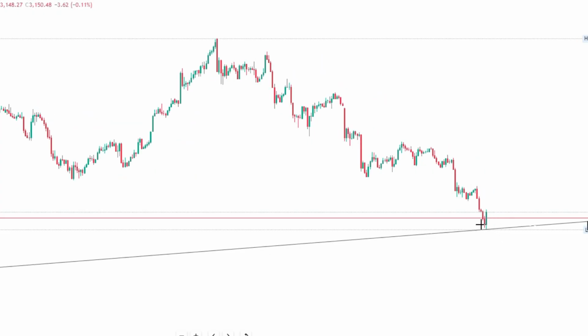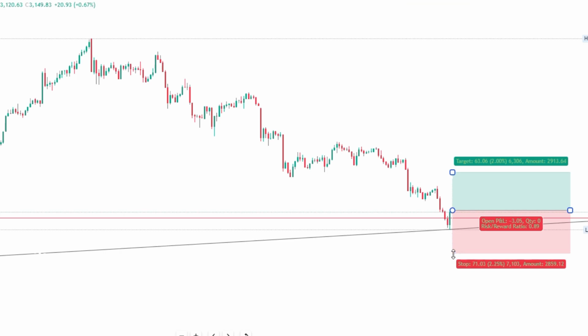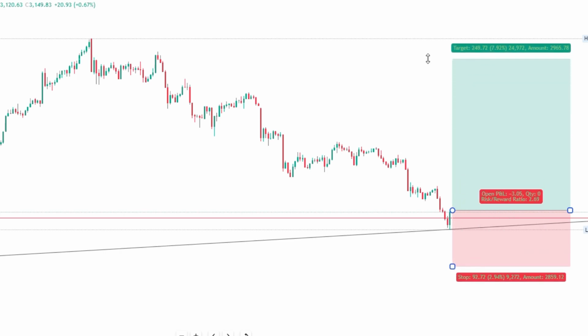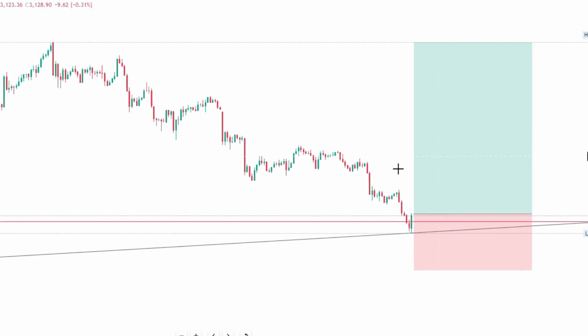So in this case, I could potentially say, you know what, let me set up a long position because I'm bullish and I'm going to give it some breathing room. And I'm aiming for 1 to 3 as normal. So wherever that 1 to 3 lands me, that's my aim, right? And my setup would look something like this, getting us back into our resistance level at the top here, right?